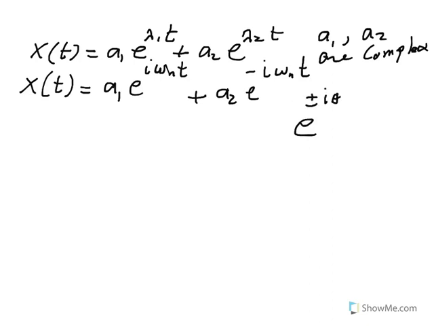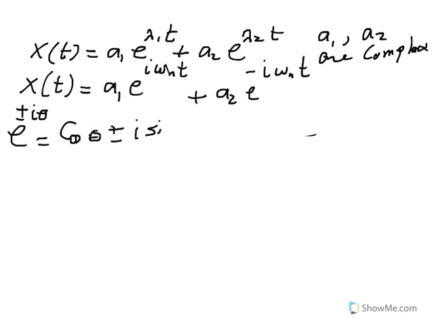e to the power plus and minus i theta is equal to cosine theta plus and minus i sine theta. Actually, I'm running out of room, so let me move this over here. So e to the power plus and minus i theta is equal to cosine theta plus and minus i sine theta.